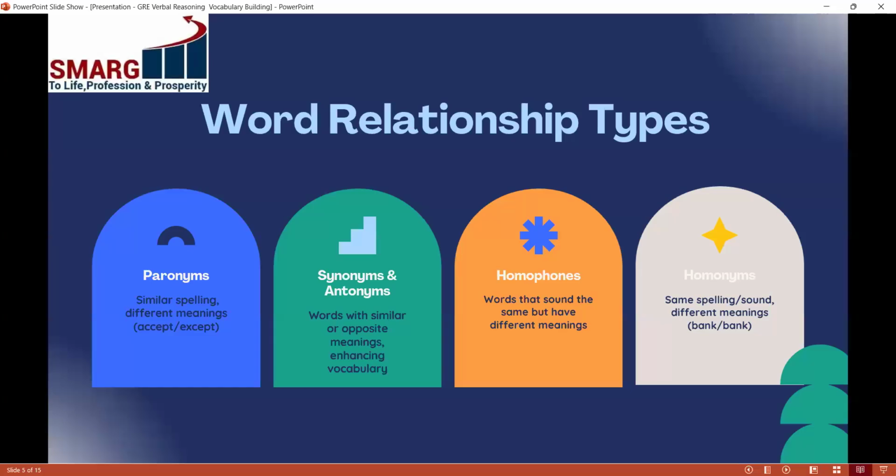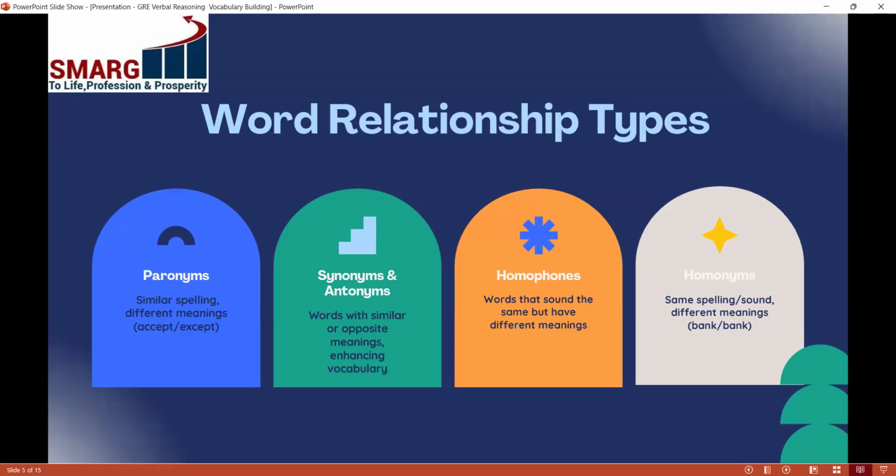First is synonyms. Very simple, similar meaning words. Antonyms, opposite words. We extend this further to paronyms, homophones, and homonyms. So, what are paronyms? Similar spelling, different meanings. I've simplified it here. Essentially, these are words that stem from the same root, but have very different meanings.